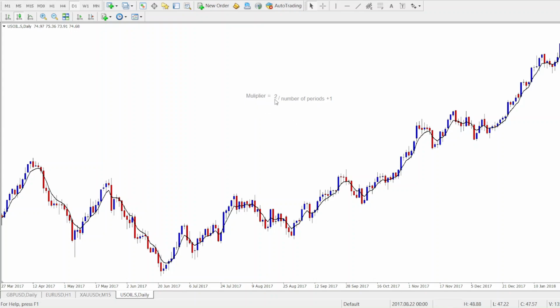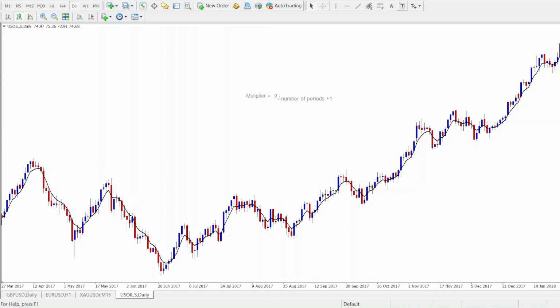So the multiplier is equal to 2 divided by 5 plus 1, which is 2 divided by 6, which gives us 0.333. Now, the next step: the EMA is equal to the current price minus the previous EMA, multiplied by the multiplier, plus the previous EMA.